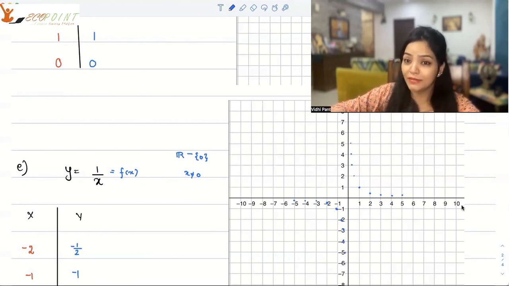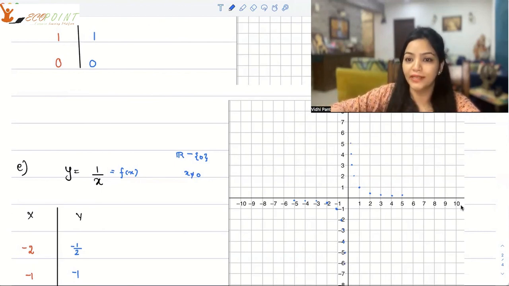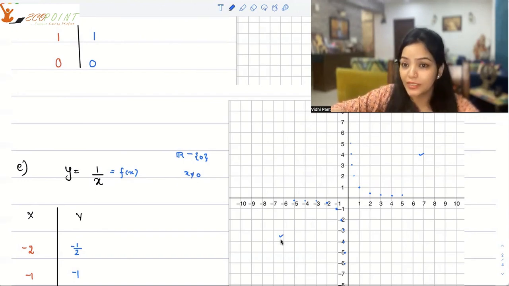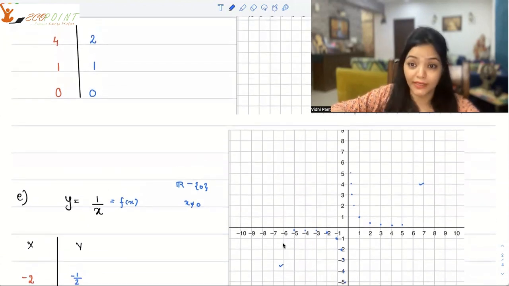And can you see something here? A shape which is called a rectangular hyperbola. That's the shape which is getting generated. But remember, it's on this quadrant and this quadrant, because if your input is negative, the output turns out to be negative. If your input is positive, the output turns out to be positive. So the plus quadrant and minus quadrant is what our result as a graph is.